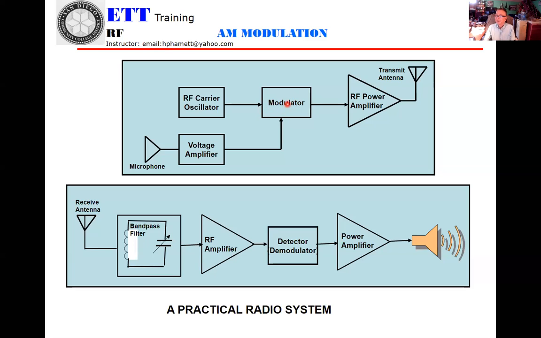Okay? And the output of the modulator needs to go to the RF power amplifier. That means we want to increase the power of the signal before it goes to the antenna and is transmitted. So you see the picture of the transmitter, very simple.